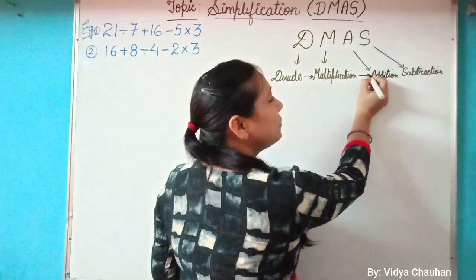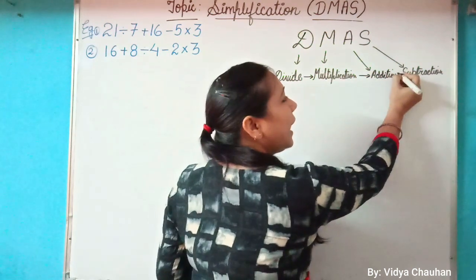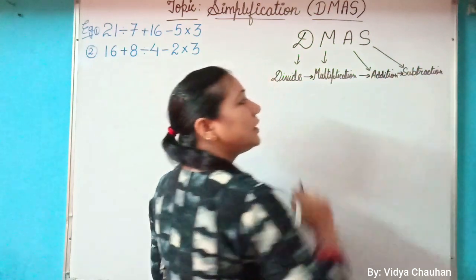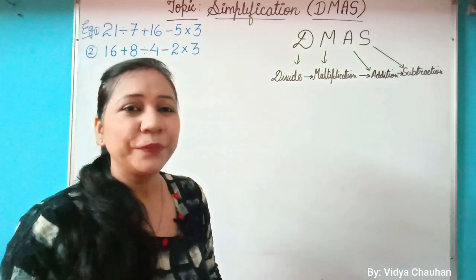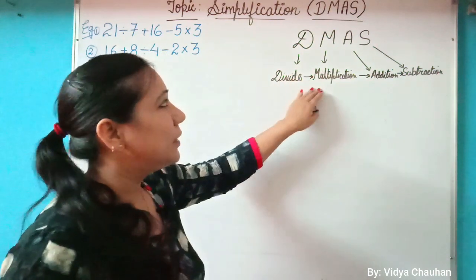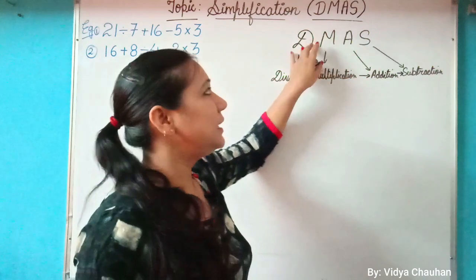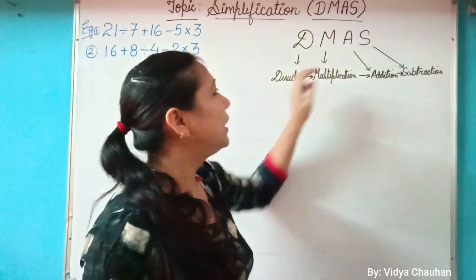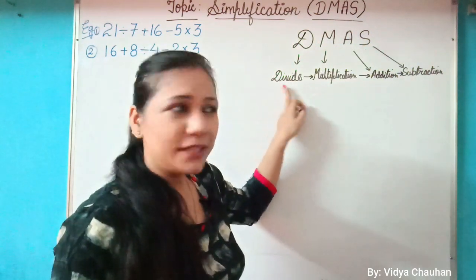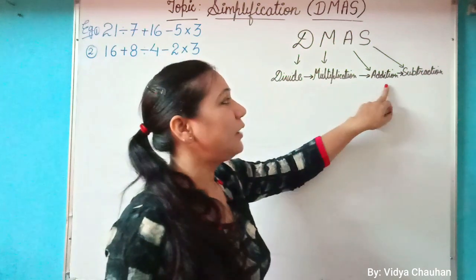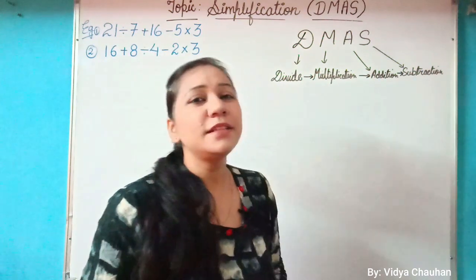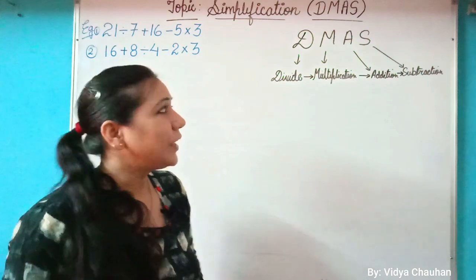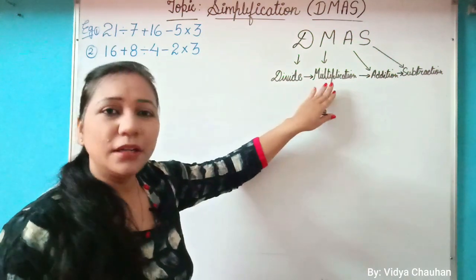After multiplication we will do addition, and at the last we will solve the term with subtraction. So the DEMAS rule: D stands for divide, M for multiplication, A for addition and S for subtraction. I hope this is clear to you all.